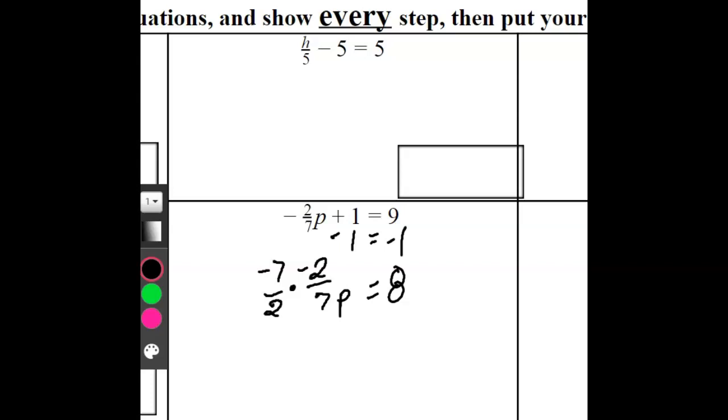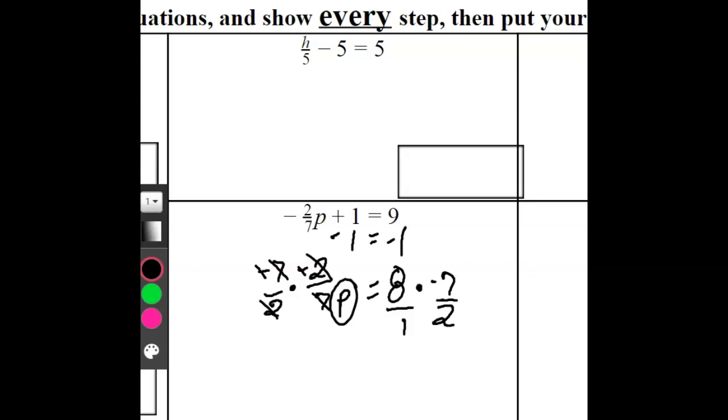They cross cancel, whatever, the negatives cancel. But then I have to do that over here too. So negative 7 over 2 over here. And if I put this over 1, this just lets me multiply fractions like we did back in middle school. Now I'm just going to multiply across. So these cancel over here because my 7s cancel, my negatives cancel, my 2s cancel.